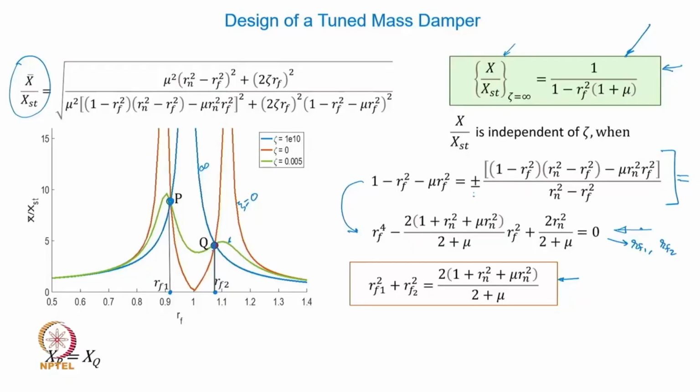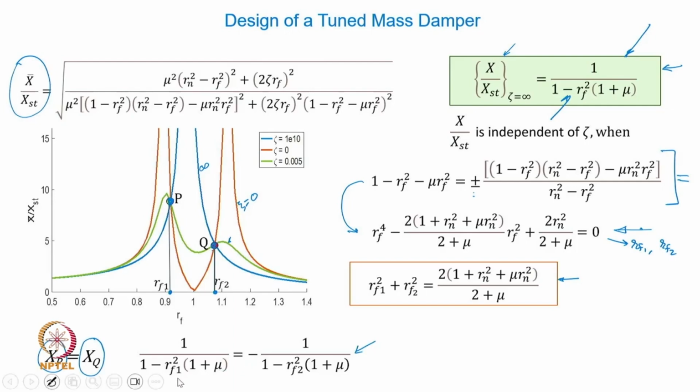Okay. And so what is happening is that for the value of response x at point p, I can use this expression, and also for the response at q I use the same expression. The only thing is their values will have rf1.